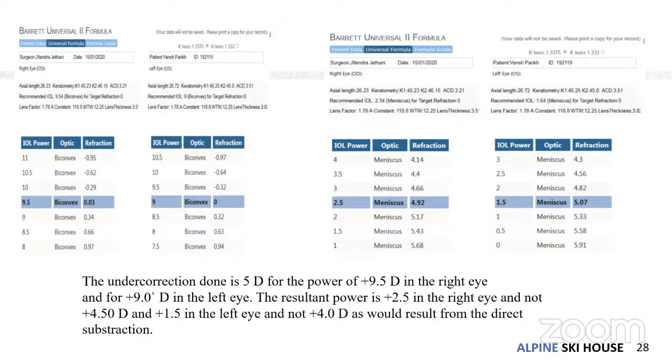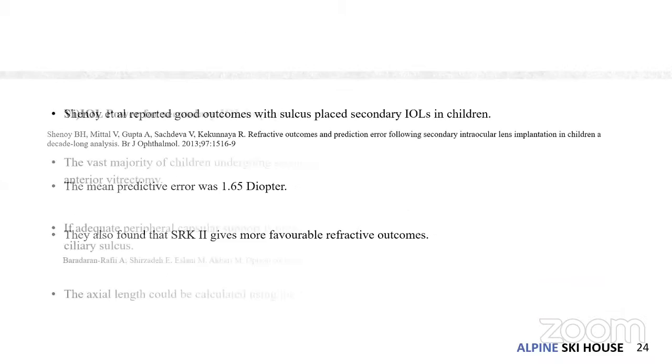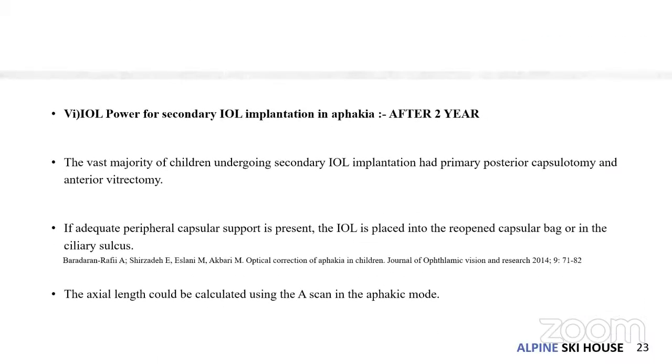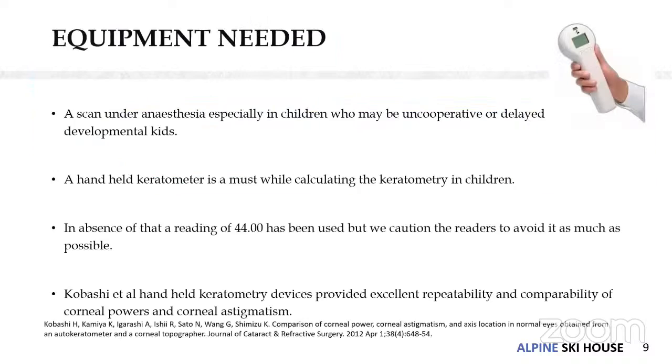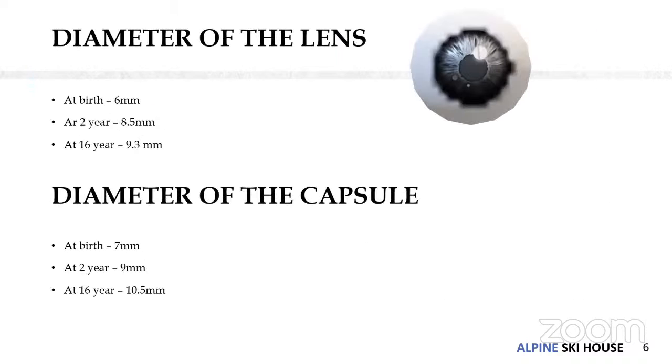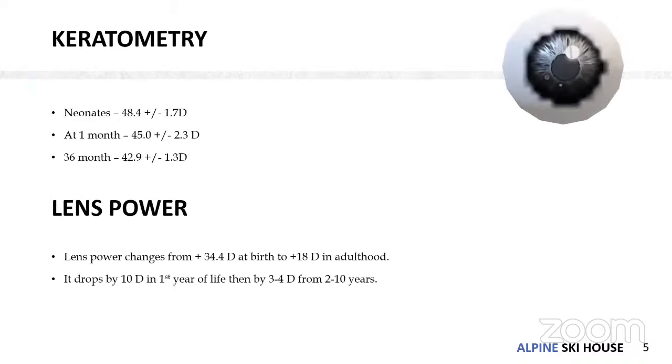For secondary IOL, generally we wait for 2 to 3 years because, as you have mentioned in the first slide, that slide is very important. It shows how growth is achieved. In the first 3 years, the change in axial length and keratometry is at a very rapid rate, and after 3 years, it reduces.